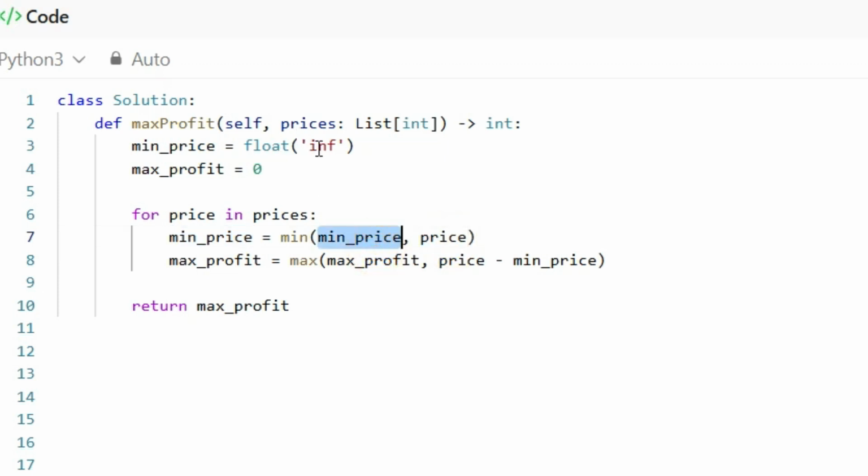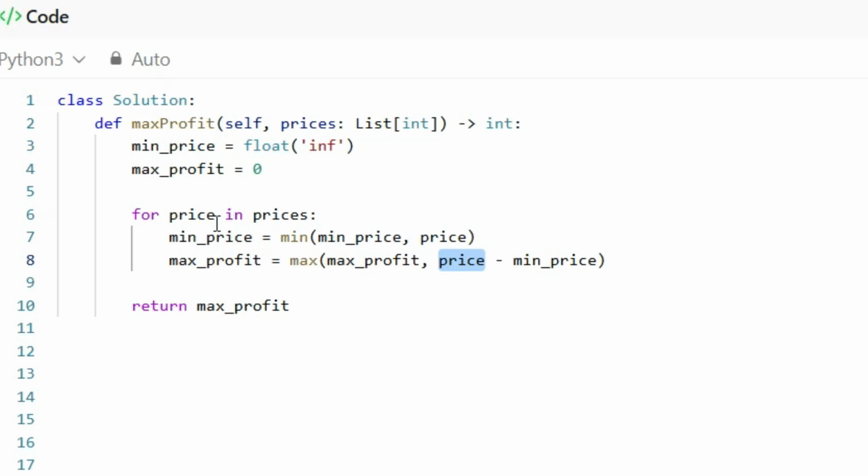The minimal price is infinity and the price we are giving is 7, so 7 will come in the minimum price. Profit is this price minus the minimum price, 7 minus 7, so the max profit is 0. In the first day it will store 0.